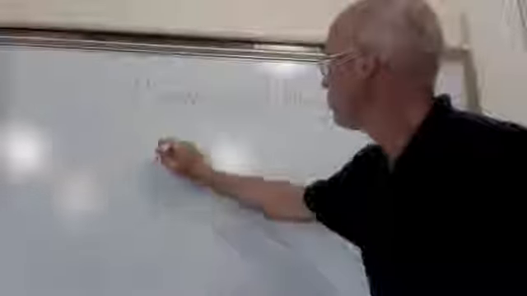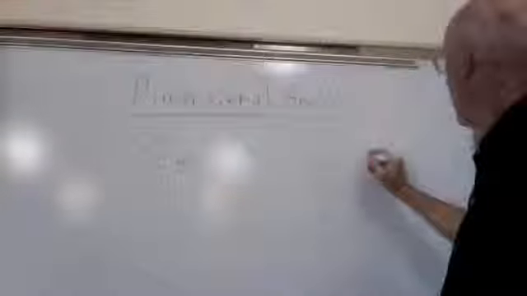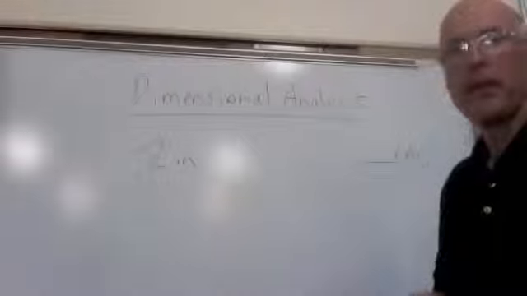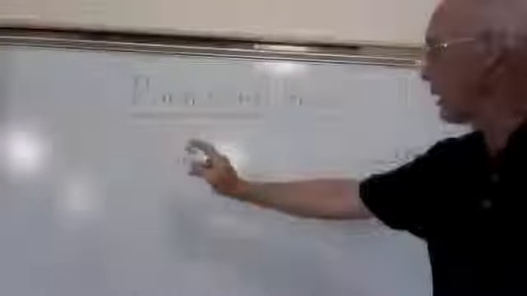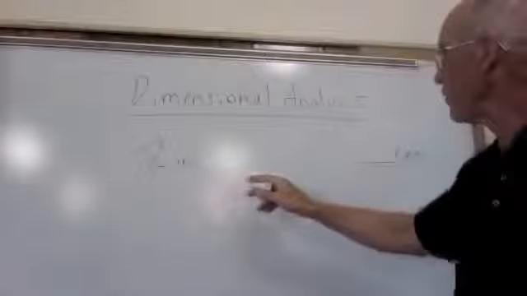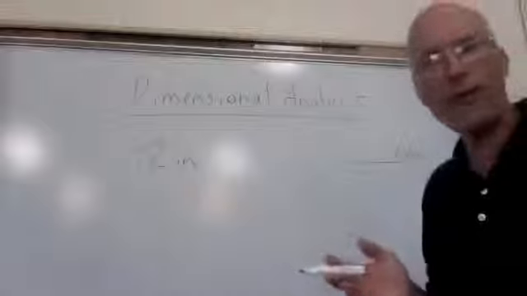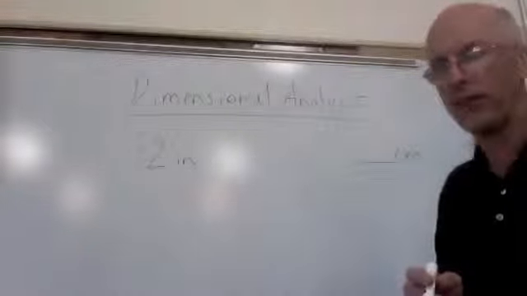If I had 2 inches, and I want to know how many centimeters that is, all I have to do is think, okay, I've got inches, and I want some conversion between inches and centimeters. Or if I don't know one between inches and centimeters, something that's closer to centimeters at least.